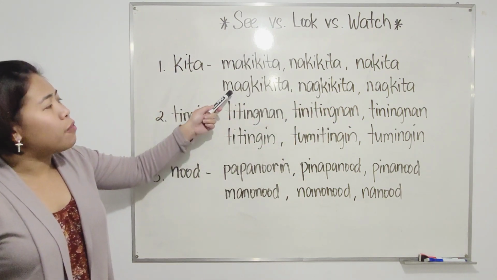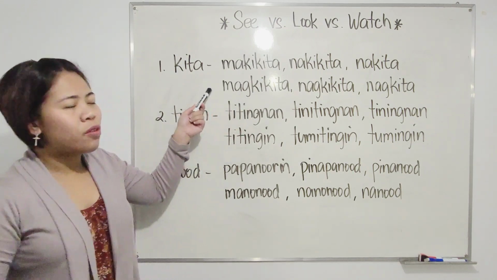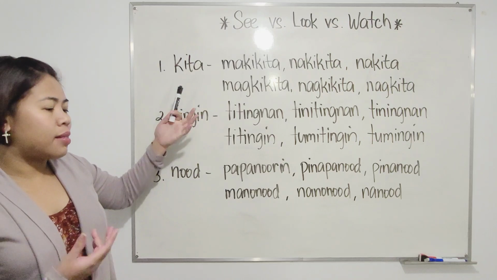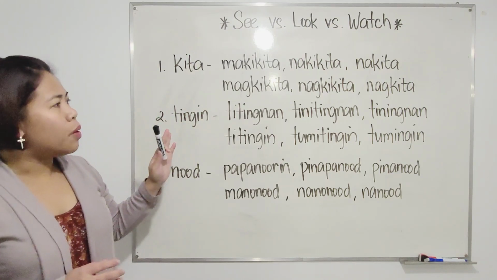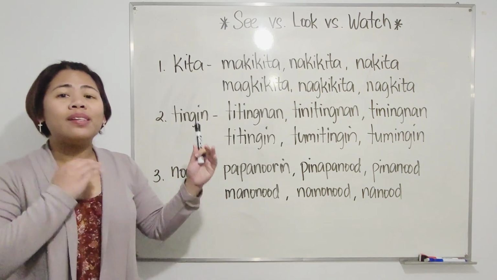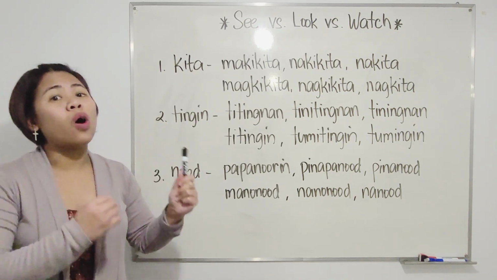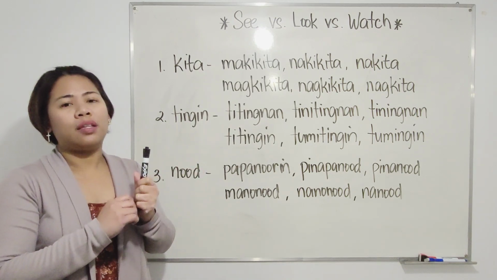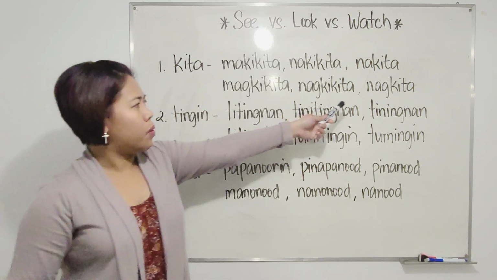Okay? But if I am going to use the mag verb for the sentence earlier, it would mean that Ben and Betty are seeing each other or saw each other. So Ben and Betty saw each other. So it's in the past tense. So nagkita.